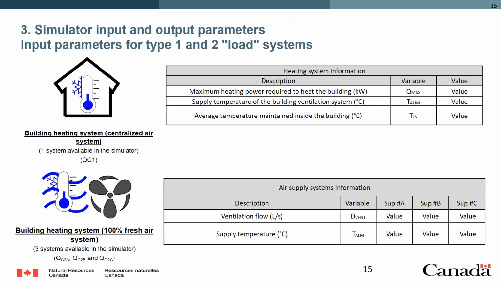And for the type 2 loads, which are the air heating systems, in this case it could be for example, the ventilation inlet of the mine site. You need to specify the flow for the vent system and also supply the target temperature. So for example, 3 degrees. And then the delta T will be calculated from that temperature and the surface temperature that is part of the inputs of the cell.